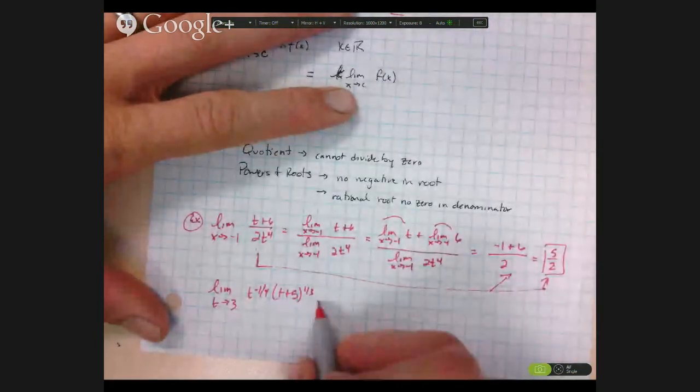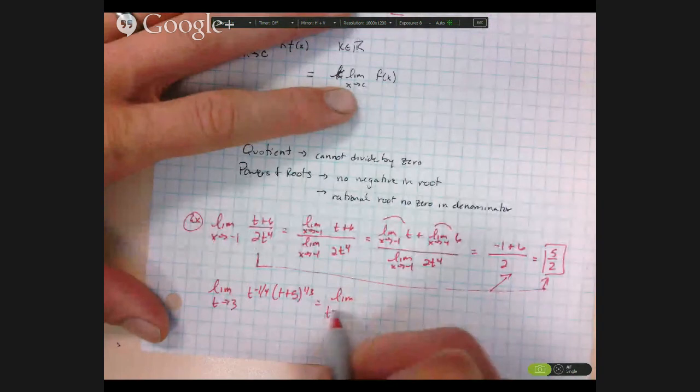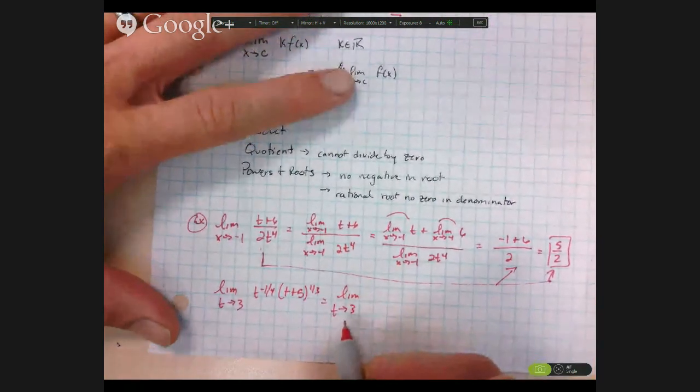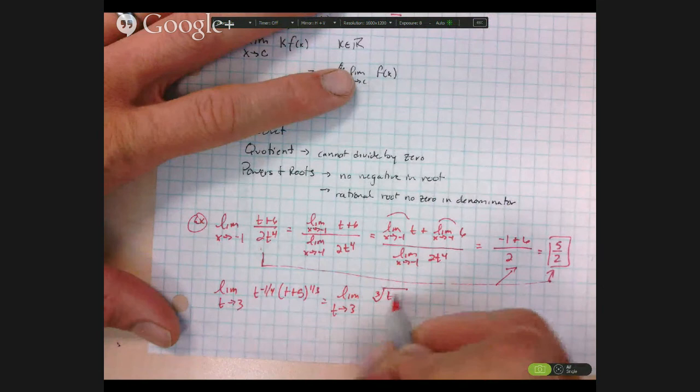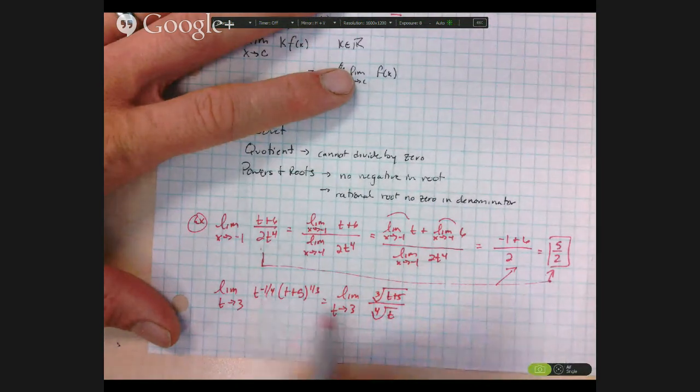I'm going to actually rewrite it. And when you rewrite it, you do have to include this every time, t approaches 3. This is the cube root of t plus 5 over the fourth root of t. Negative exponent goes on the bottom. That's a fourth root. This is a third root.